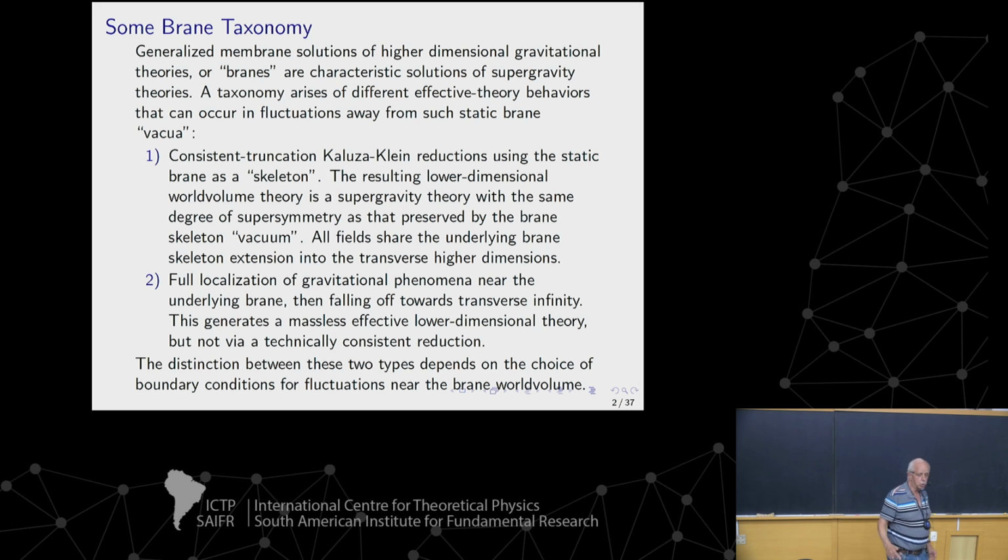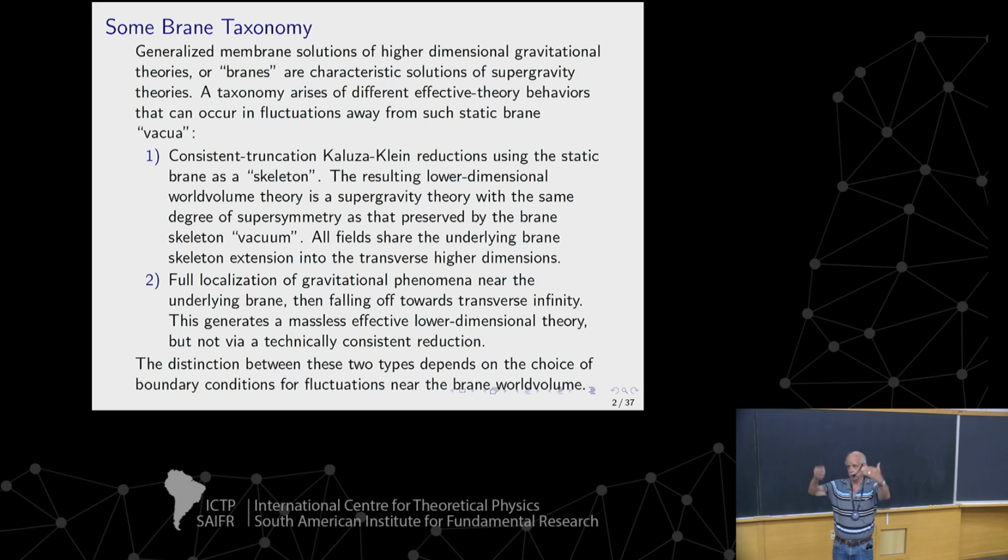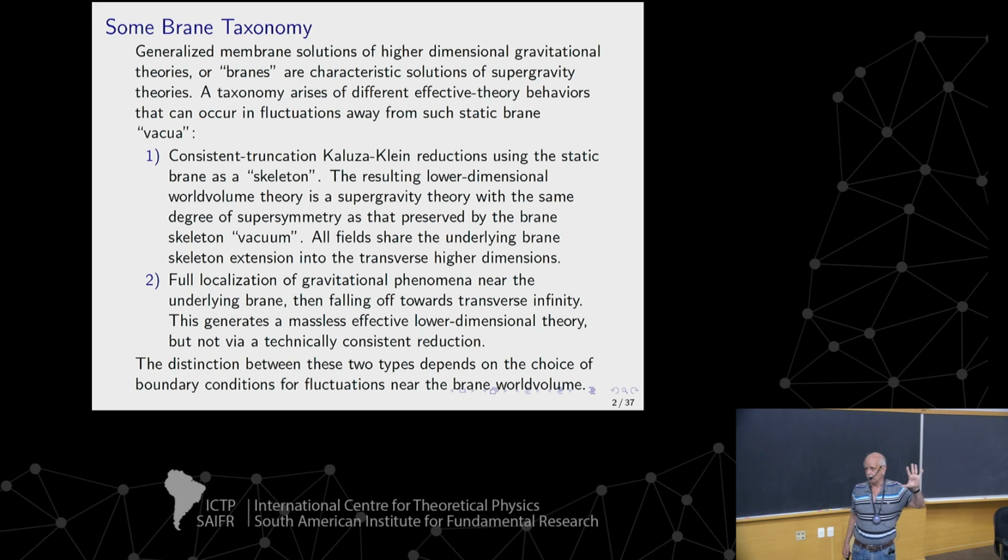This isn't like a circular or toroidal reduction because there is structure in the transverse dimensions. It's a brane. So there are fields that are falling off as you go towards transverse infinity and so forth. There's a whole structure there, the background solution. The consistent truncation is don't mess with the transverse, right? Leave it fixed and only give excitations in the world volume. And what we've been finding is that there are certain circumstances where this happens.